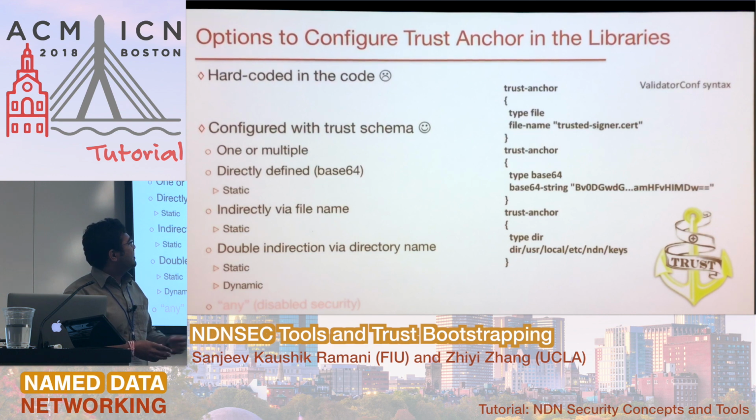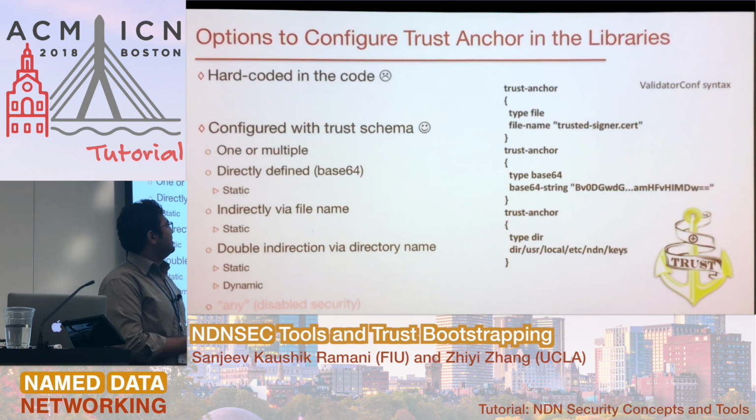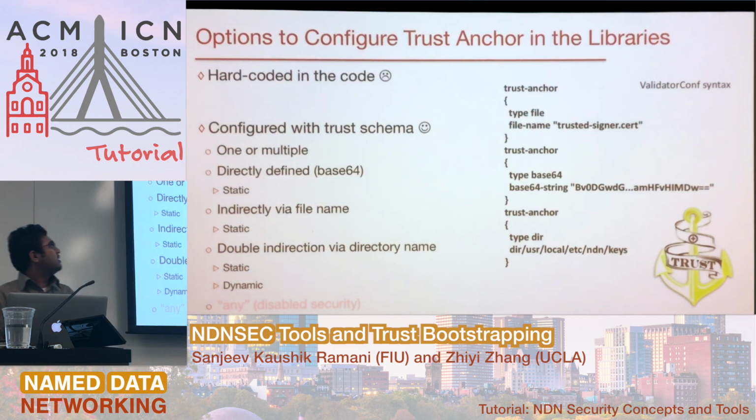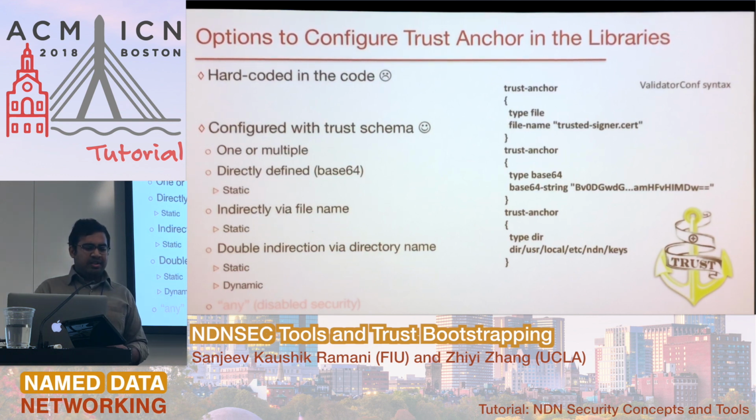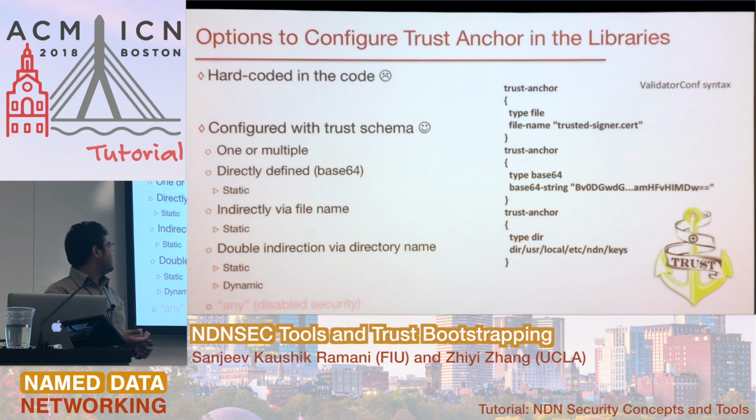You can see an example on the right from the validator.conf syntax showing how you could have a file name defined, which makes it an indirect way of configuring a trust anchor. And you could have double indirection using directories that store the keys.